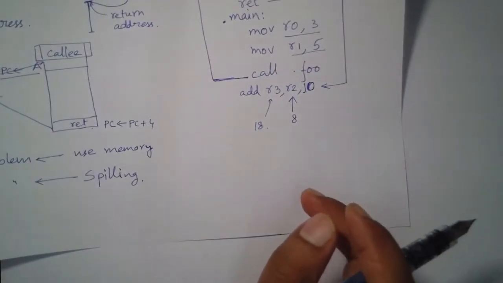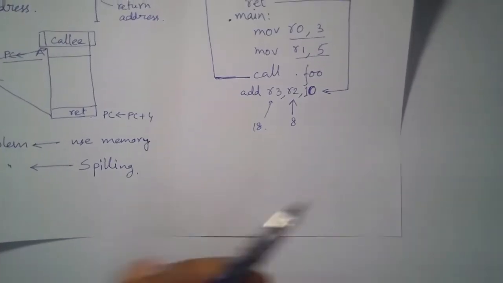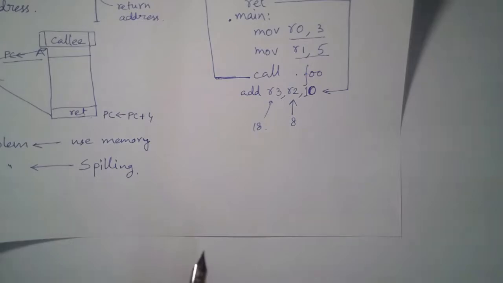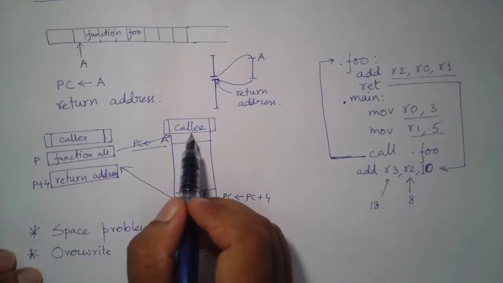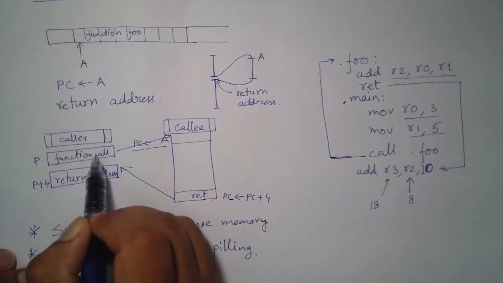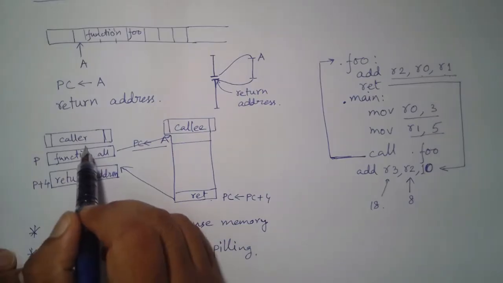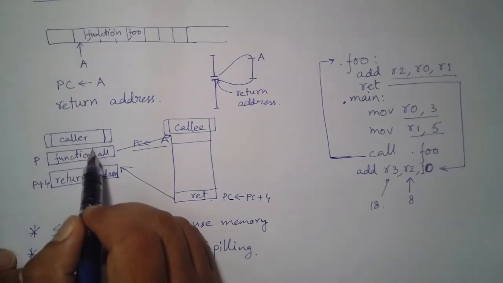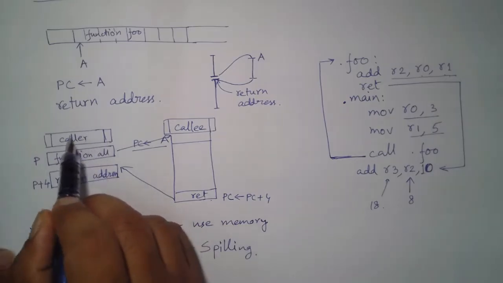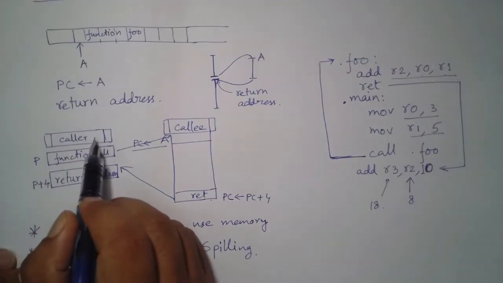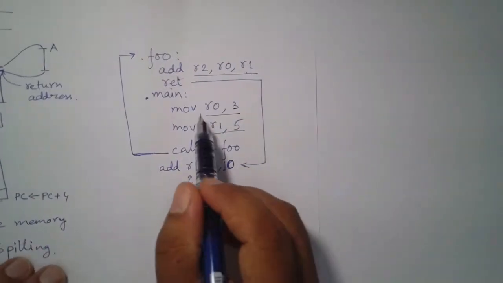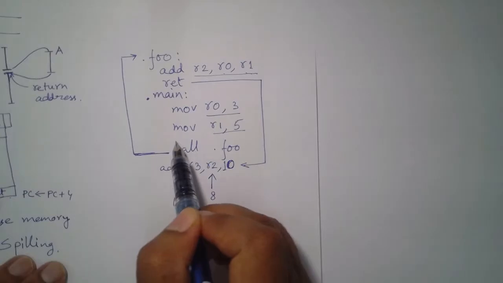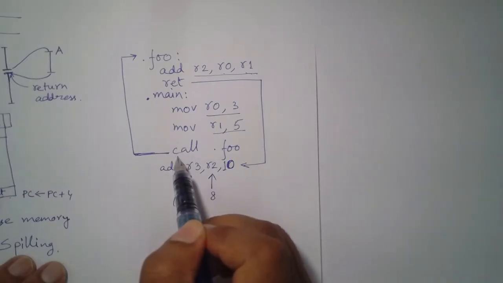Register spilling is a simple concept and very intuitive also. The register spilling concept says that whenever the caller calls a function, the caller can save the set of registers where it does not want the values to be disturbed. Basically, in this example, this is our main program, or the caller code.